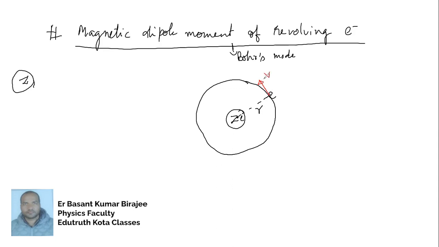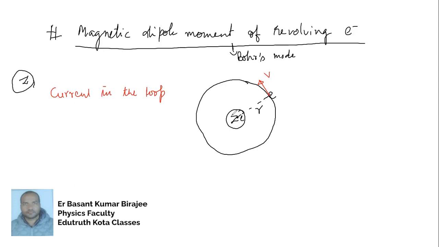With velocity v it is moving, our electron. Now we can calculate the current in the loop. Yes, this is a circular loop. Our orbit is a circular loop.